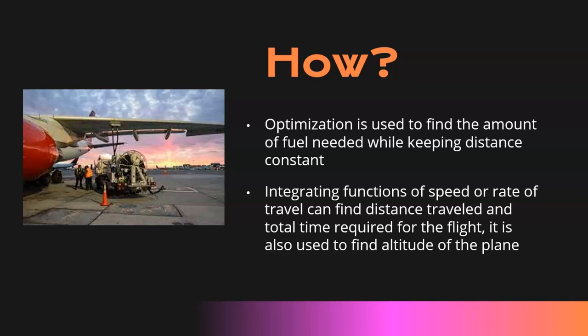Now, in integration, you can integrate functions of speed or rate of travel, and that can find the distance traveled and the total time required for a flight. That can be used for estimated times of arrival and other things. Integration is also used to find the altitude of a plane throughout all the time of flying.